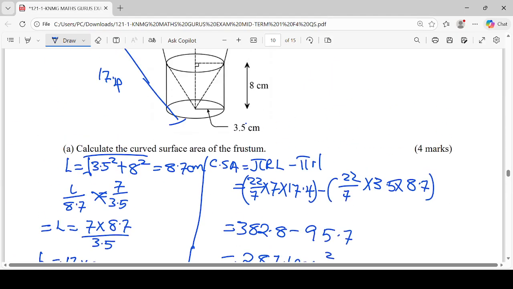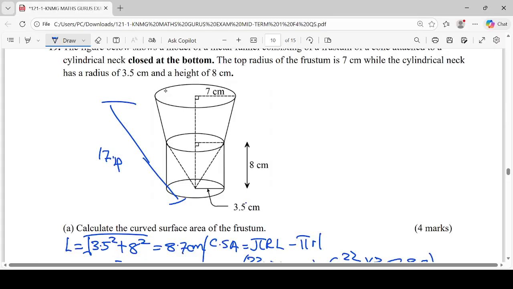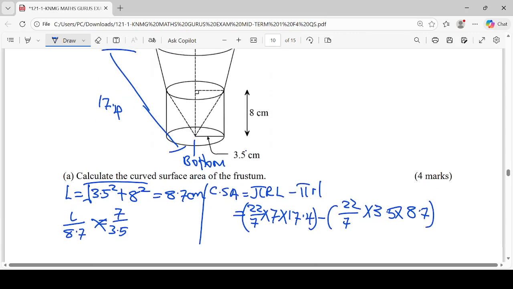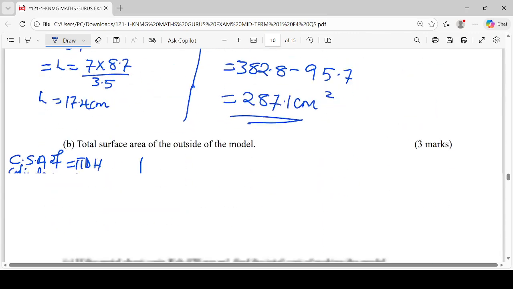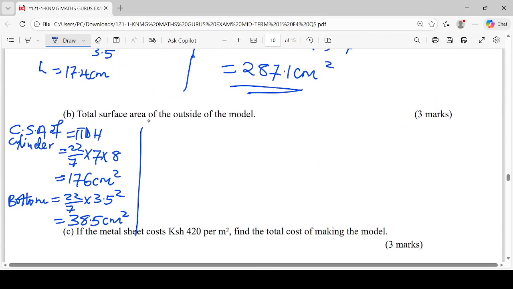Then also we have the circular top, this part. Remember, this is the top, and this is the bottom, that you need to know. The top has a radius of 7, so it will be 22/7 times 7 squared.